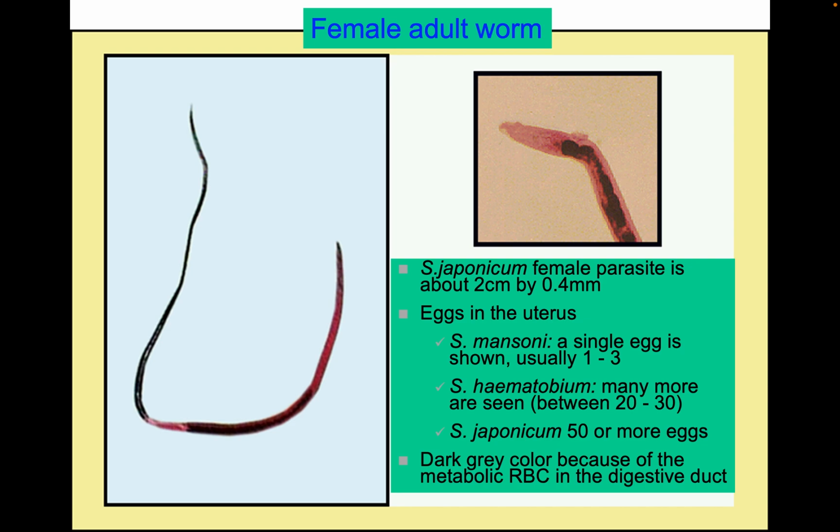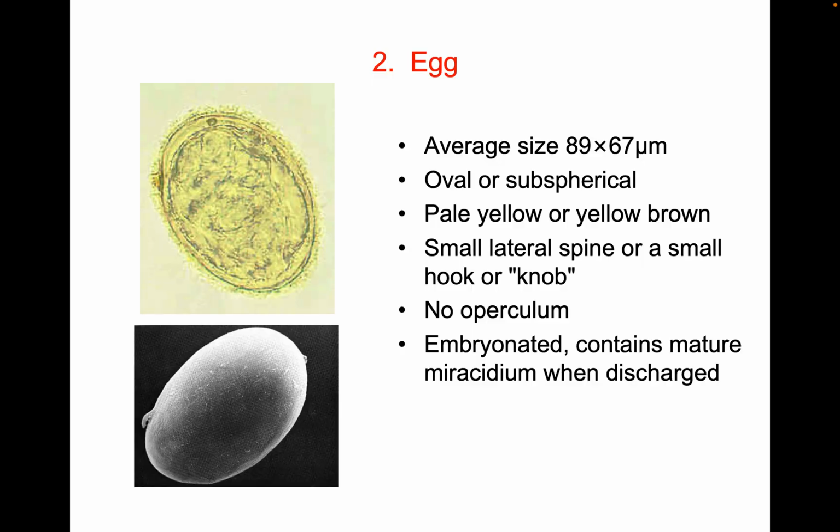For the female, the color is darker, because they need more RBCs to digest, because they need to lay eggs, they need more energy, more nutrition.